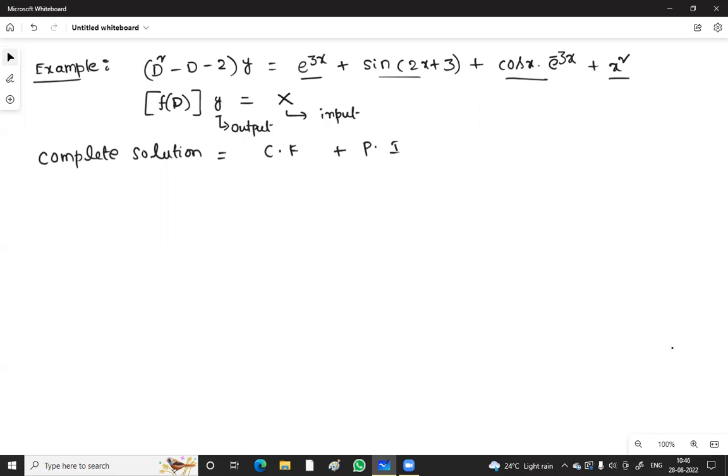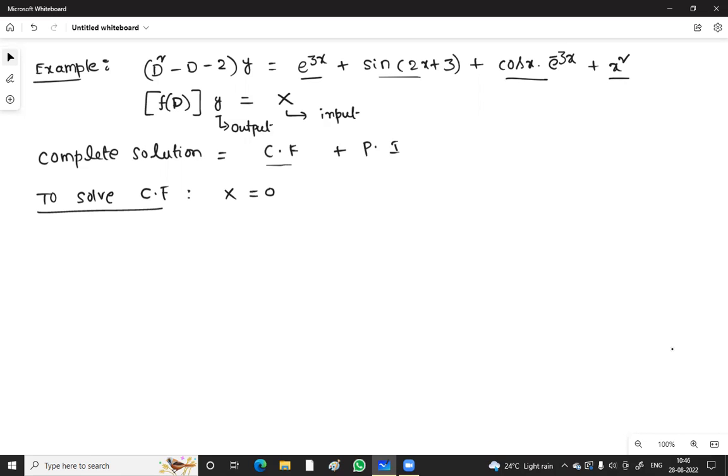Now first I'm going to solve the complementary function, CF. The basic condition is that X, the input, should be equal to 0 in order to solve the complementary function.